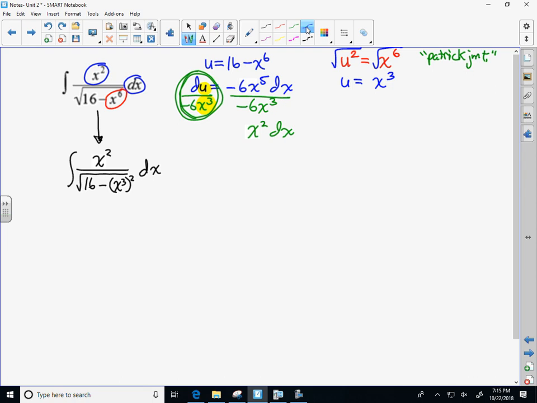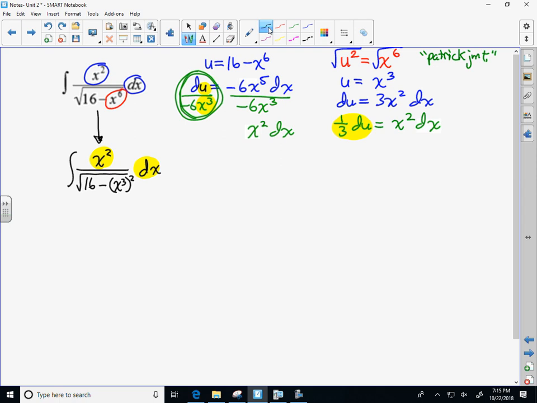So we can do our substitution now. I have u, which is x cubed, which means that du would be 3x squared dx. All right, so that's 3 times more than I need. So let me adjust. 1/3 du equals x squared dx. All right, so there's my substitution.